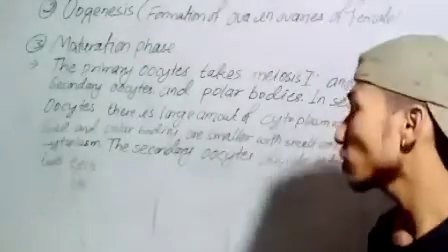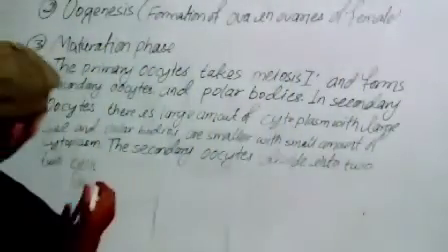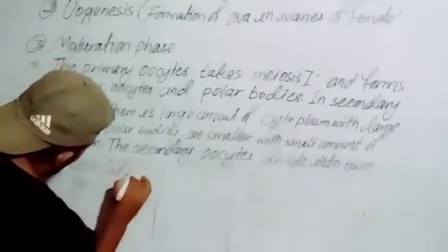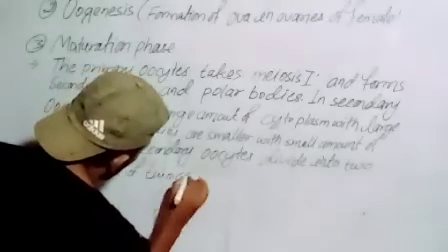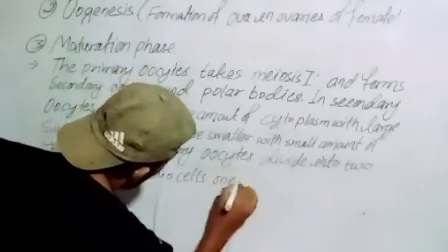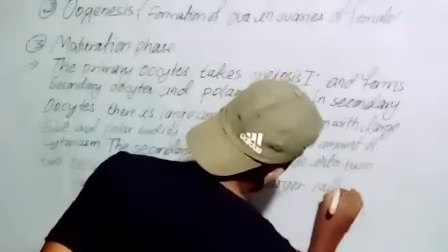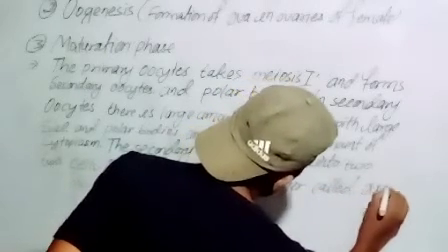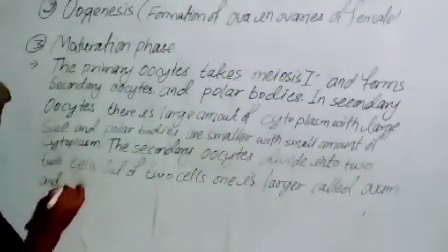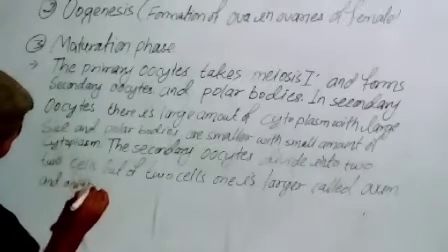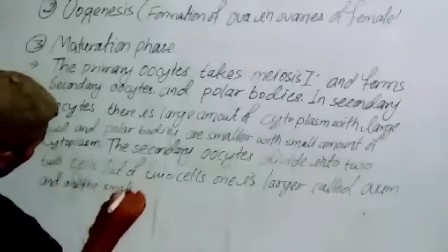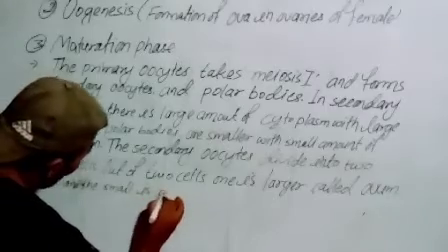Out of the two cells, one is larger, called ovum or ova, and another, small, is the polar body.